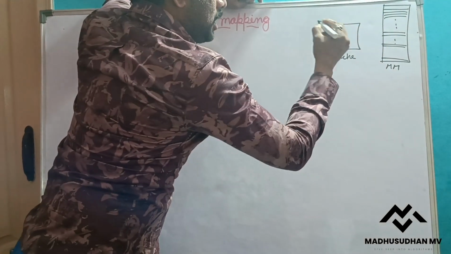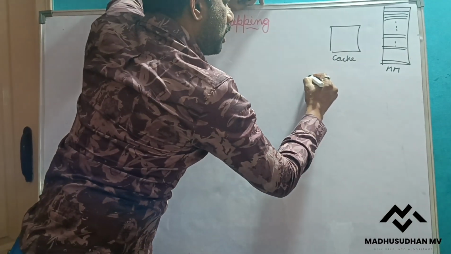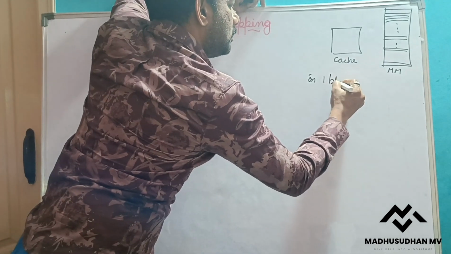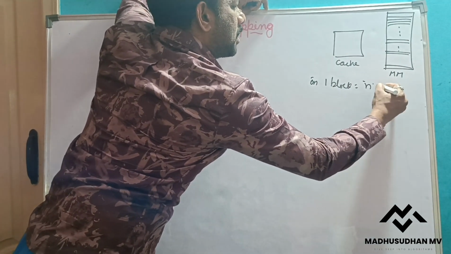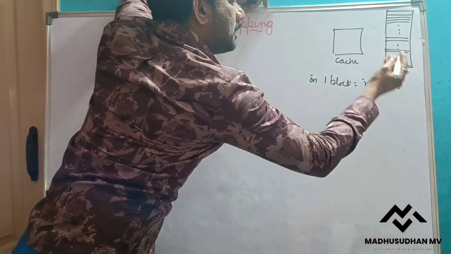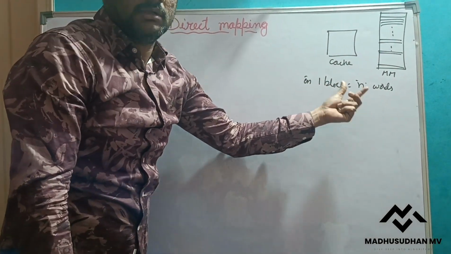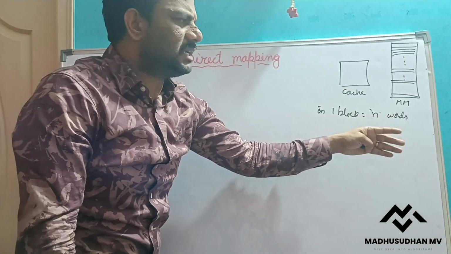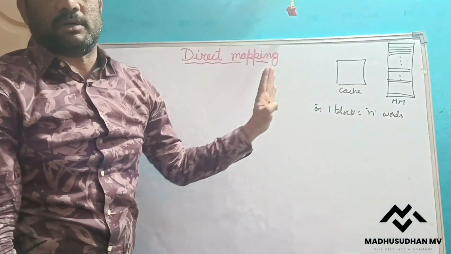Now we have decided one block has some n number of words. It may be anything. In one block we can have 2 words, 4 words, 8 words, 16 words, that depends. Generally one block contains multiple words.